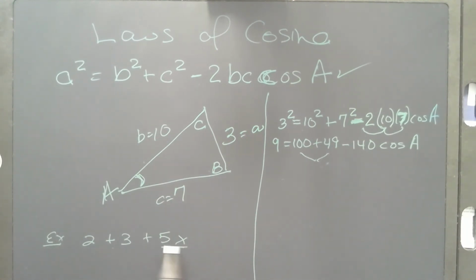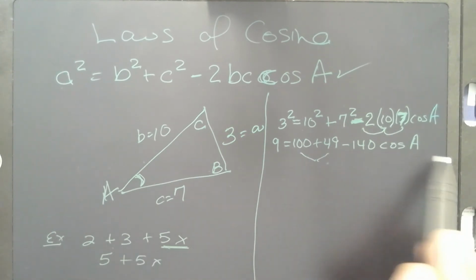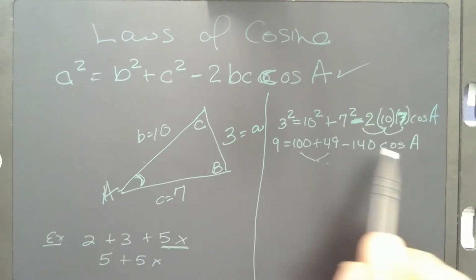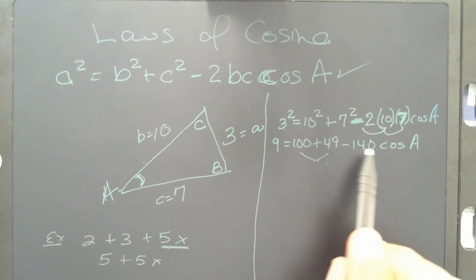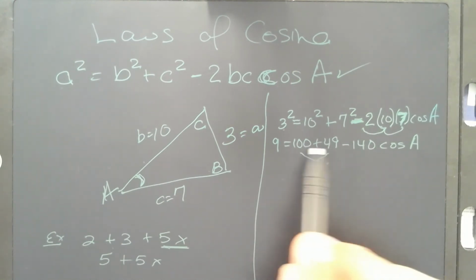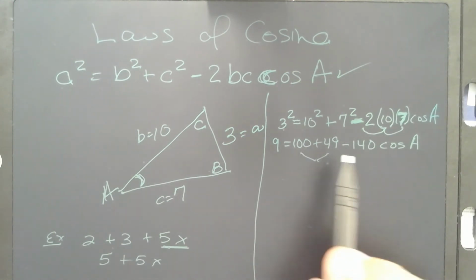This is multiplication, correct? Can you combine all three? No, you cannot. So this would be 5 plus 5x. We're doing the same thing here. Last class thought they could combine this, this, and this. You cannot, but you can combine those two. Is everyone clear on that?